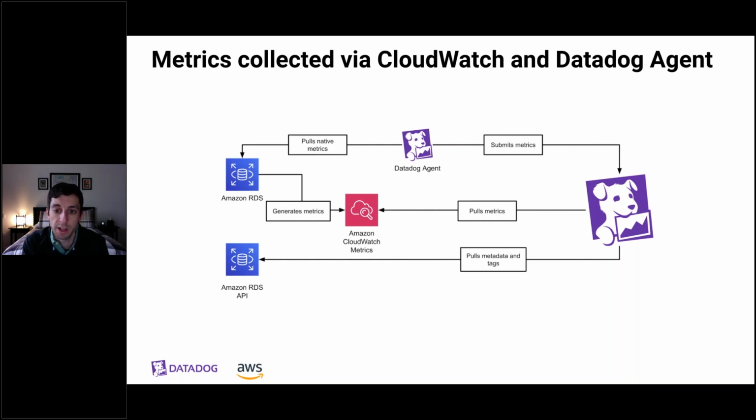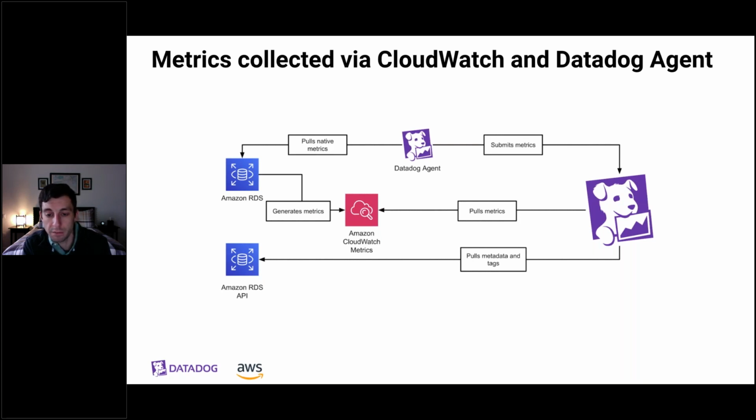We have two different sources that we can use to get the metrics that Amazon makes available from RDS. One, in the middle here, you can see how RDS generates metrics and publishes them to Amazon's CloudWatch service.